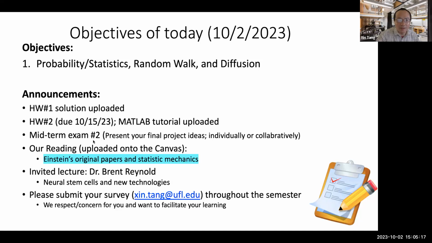I will announce the date. It should be the end of October. Each group can present for about 10 minutes. Okay, and everybody will give you comments and questions so that you can improve the project. After that, you can start to make it deeper and make it the final project.